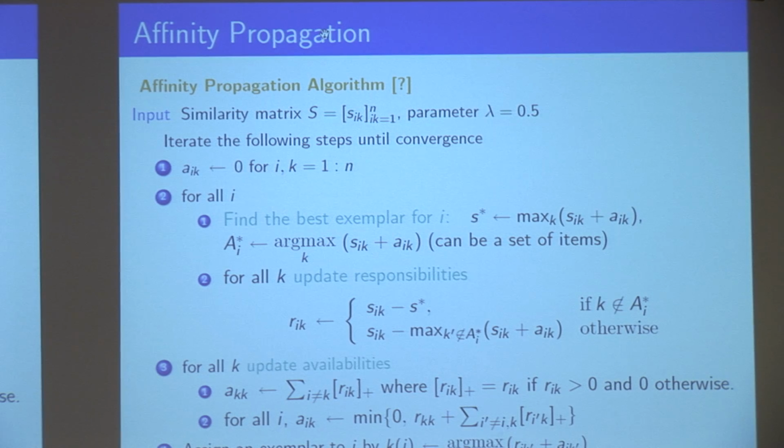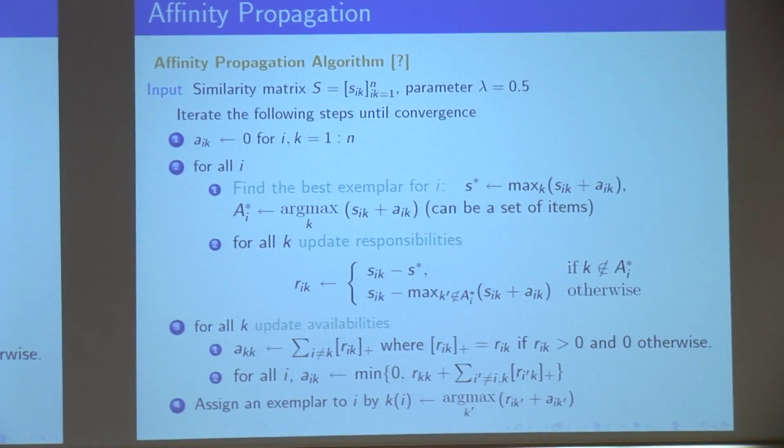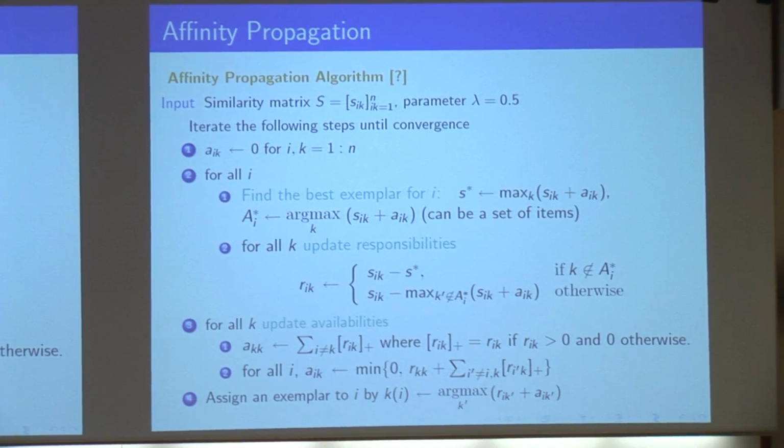And now the algorithm. I start with similarities. I give a parameter lambda. This algorithm doesn't have a probabilistic meaning or a probabilistic model. After I finish, I'll ask you what it looks like, because it has a clear source of inspiration, but it's what it is, an inspiration.